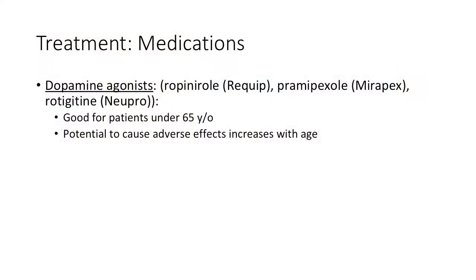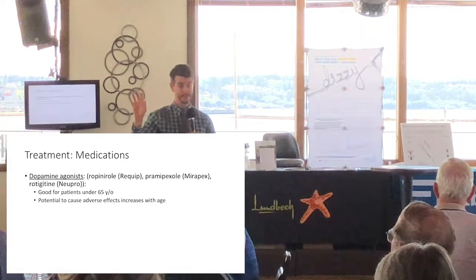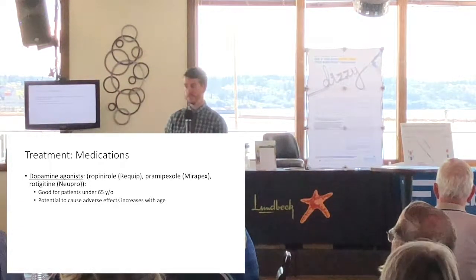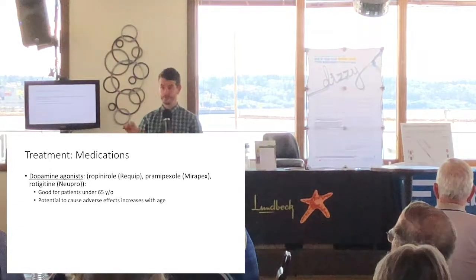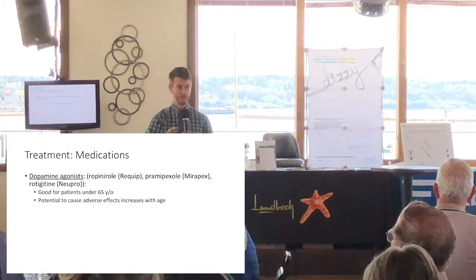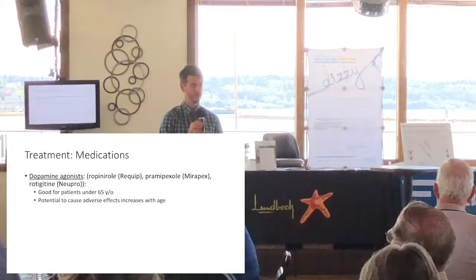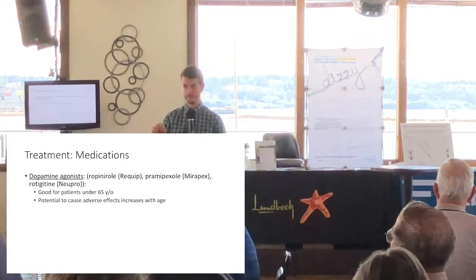The next group is the dopamine agonists. These are medications that go and actually turn that dopamine receptor on. It's not dopamine itself like Sinemet or carbidopa-levodopa. This is a medication like Neupro, which is rotigotine. That's a patch that not many people use. But the other ones are the Requip, which is ropinirole, and Mirapex, which is pramipexole.